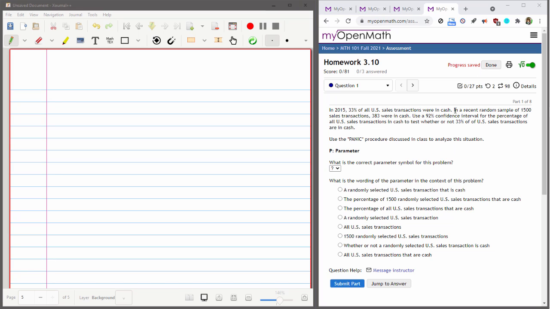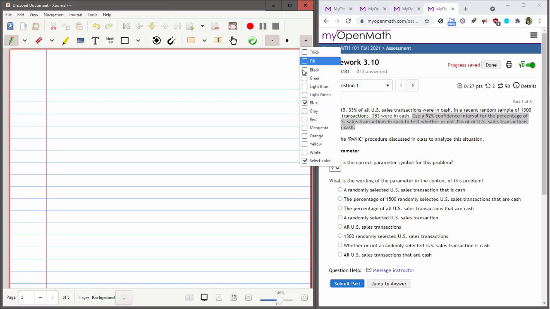So we still have information about a sample, but now instead of just constructing a confidence interval, we're using the confidence interval to see whether or not it's still the case that 33% of all sales transactions are in cash. Right, so we start the same way.